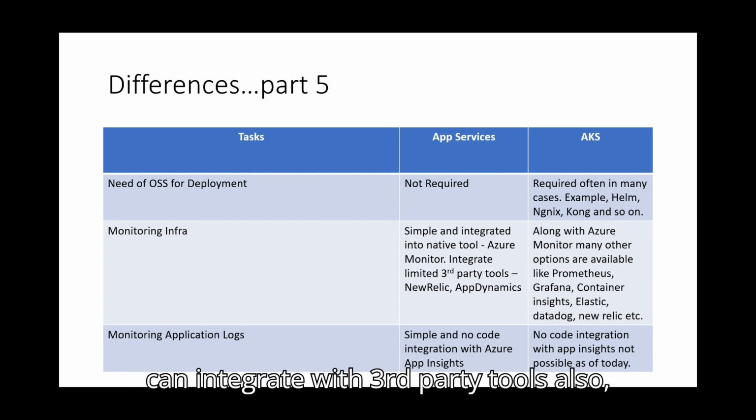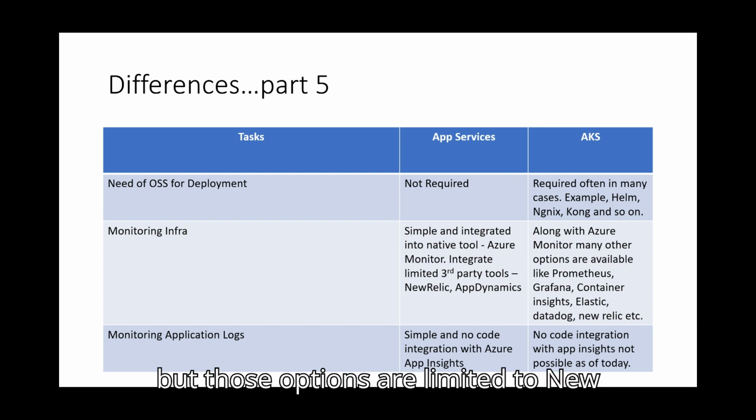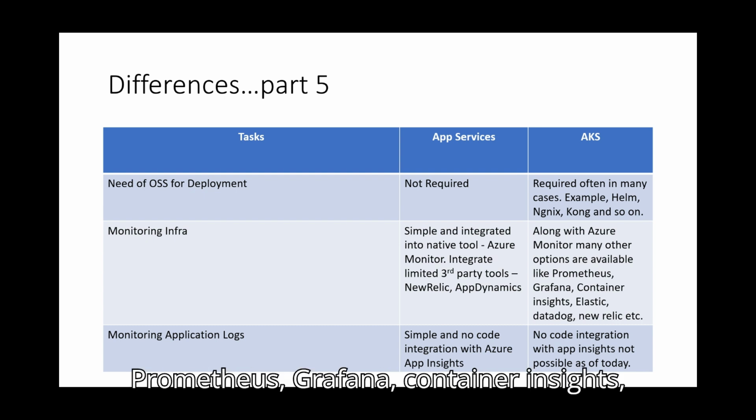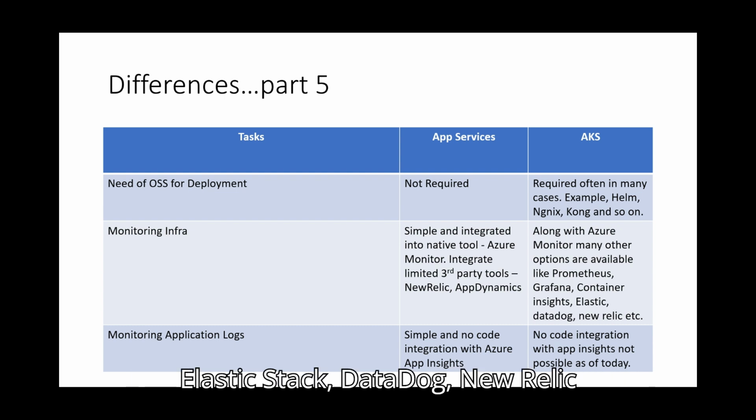You can integrate with third party tools also, but those options are limited to New Relic and App Dynamics, is what I'm aware of. But for AKS, there are many options to monitor the infra of Azure Kubernetes. Along with Azure Monitor, you can use Prometheus, Grafana, Container Insight, Elasticstack, Datadog, New Relic, and so on.